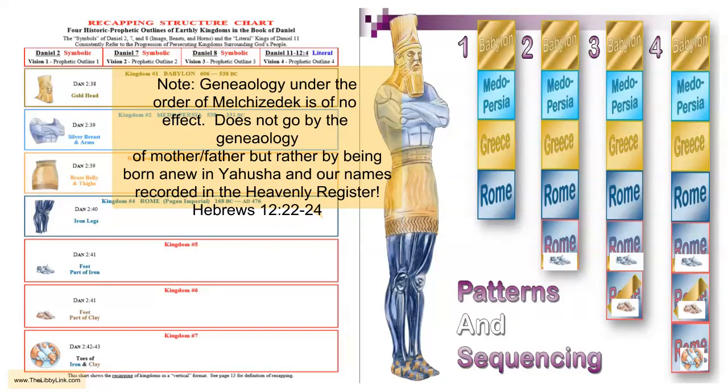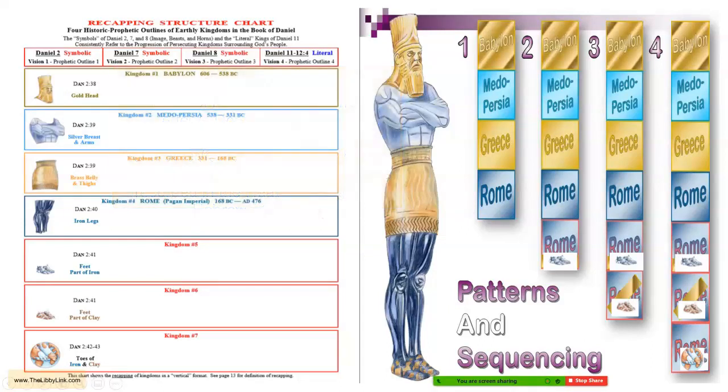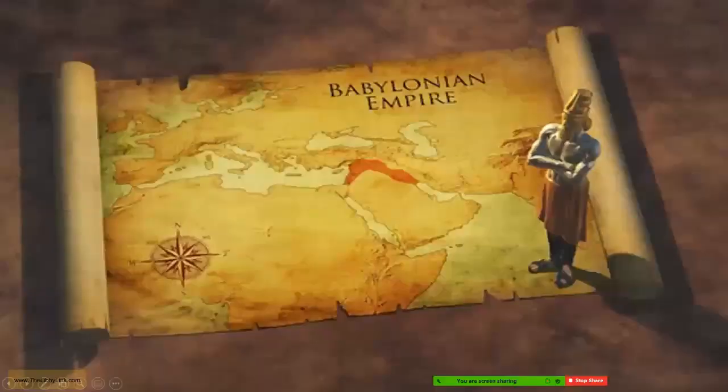But man wanted it to persevere. And so whatever exists today is man-driven, not Yah-driven. So all these realms that were displayed in the sequencing still reflect the recapping structure chart of the feet part of iron, feet part of clay, and the toes with iron and clay.